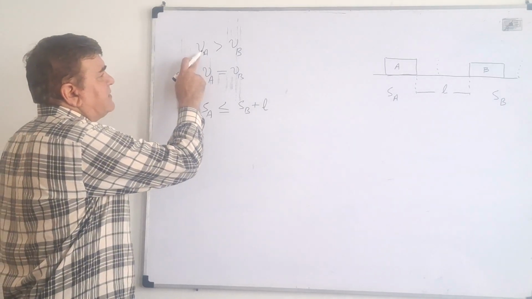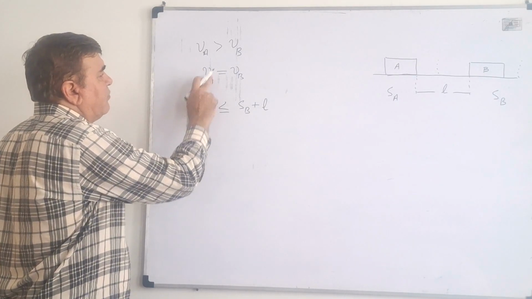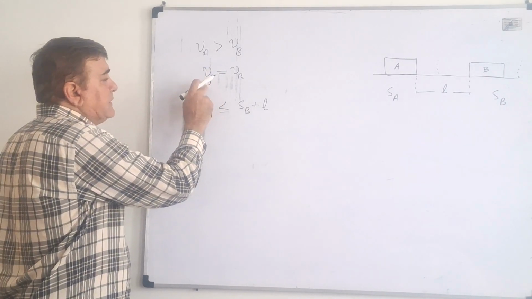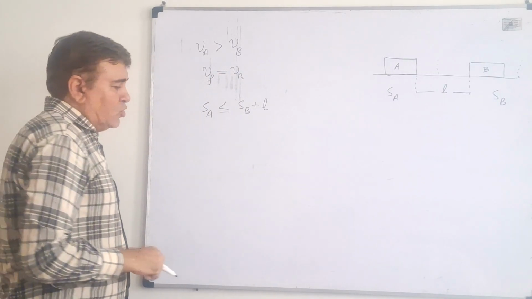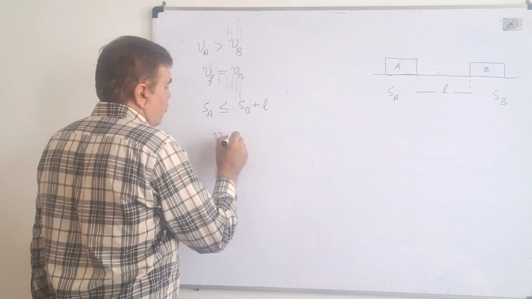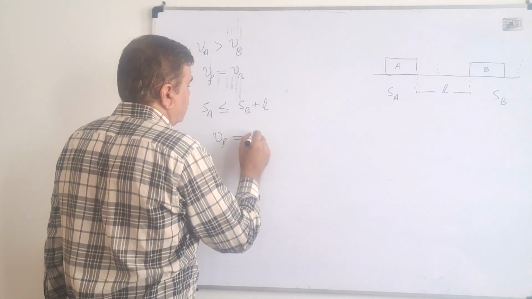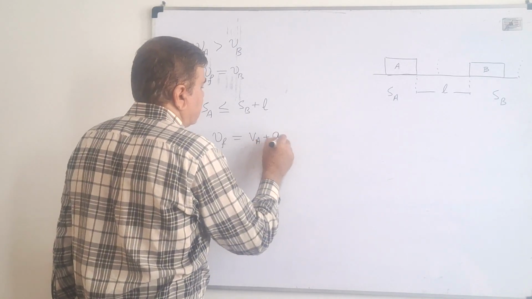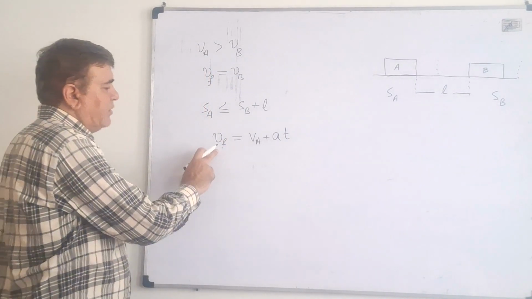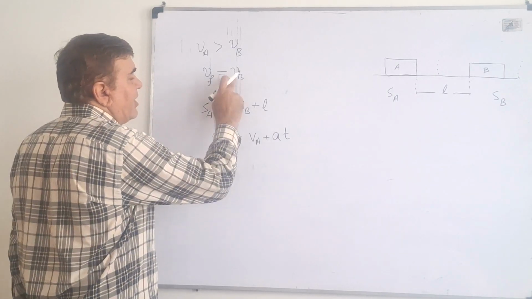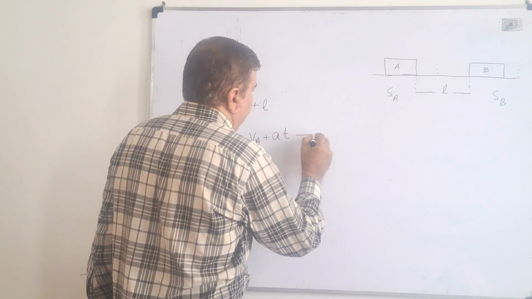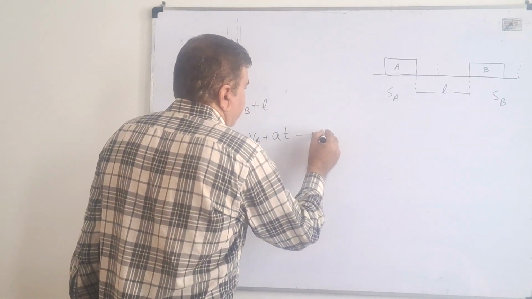The initial velocity of car A is VA and the final velocity, we set this to VF, of car A needs to be VB. So we first use VF of car A equals VA plus AT, the equation to find the final velocity, and we set the final velocity to VB.